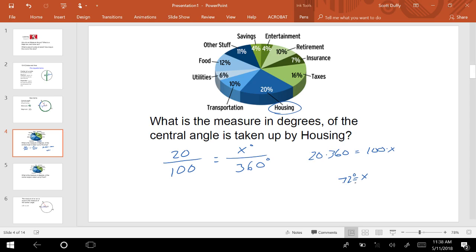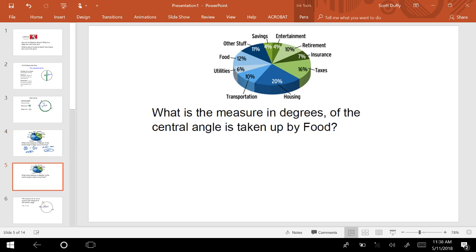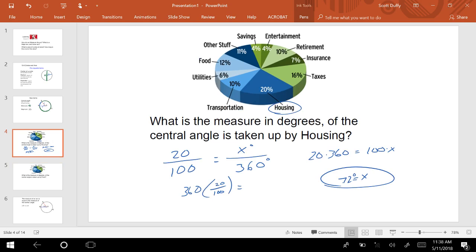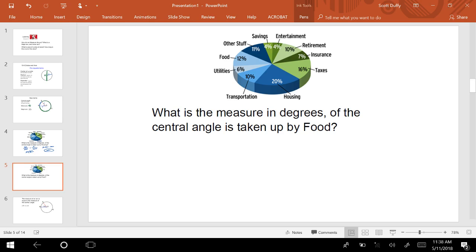Alternatively, what you could have done is take the whole 360 and multiply by the portion, which is 20 over 100, or you could have multiplied by 0.2, and you get the same thing. 72 equals x. Next, what is the measure in degrees of the central angle taken up by food?